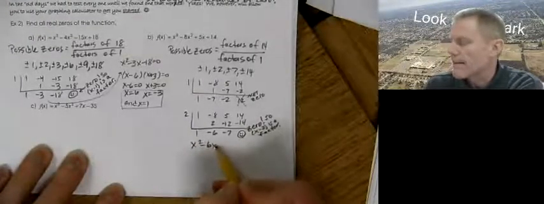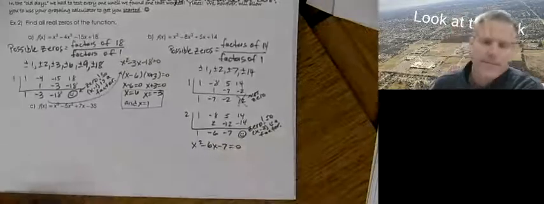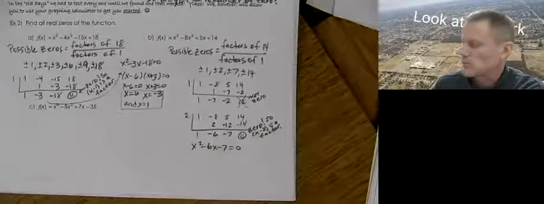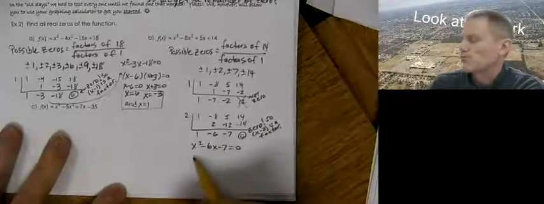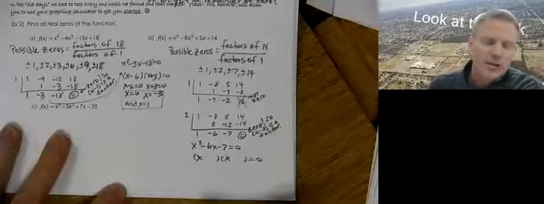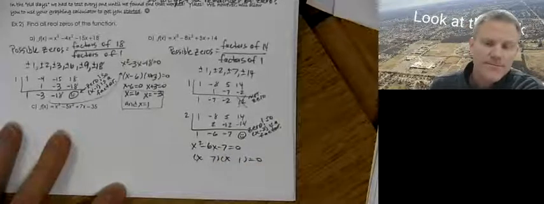So since that was a 0, then that means I have a quadratic of x squared minus 6x minus 7. And apparently this can be factored apart into x times x. And then to multiply to be 7, it's only one particular set of factors. You need more negatives to add to be a negative.